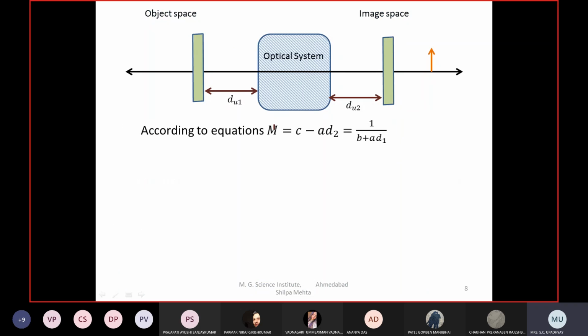We know the magnification equation: m = C minus AD2, which is equal to 1 upon B plus AD1. If we consider the object space, suppose our object is here itself, then the image will appear on the other plane, and the magnification corresponding to them is unity.